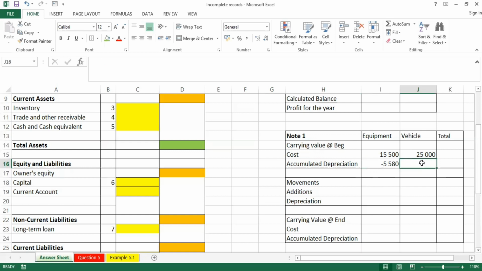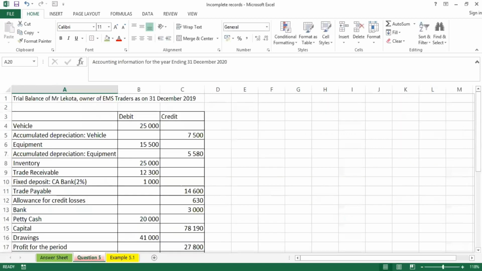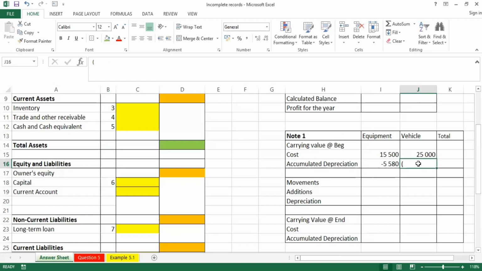We also do our accumulated depreciation for the vehicle. We open bracket, and then we look for the amount for accumulated depreciation for the vehicle, which is 7,500. We type in 7,500, close bracket and enter.